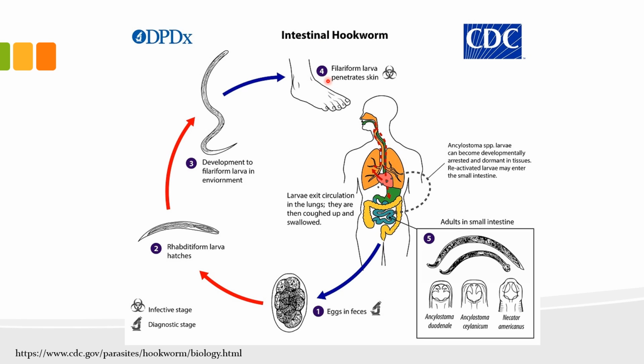They penetrate into the pulmonary alveoli, ascend the bronchial tree to the pharynx, and are swallowed. So this particular parasite, the intestinal hookworm of the genus Ancylostoma, is an example of a parasite that is transmitted to its host by way of skin penetration.